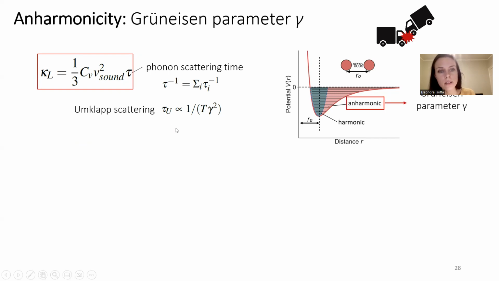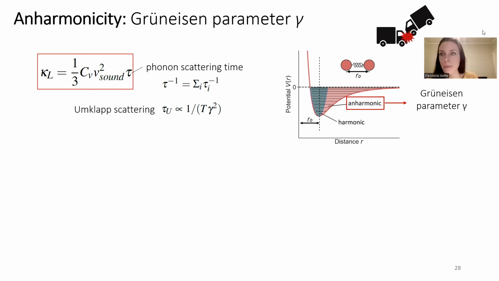So the scattering time coming from umklapp scattering is proportional also to this other coefficient here, gamma, that is called Grüneisen parameter. So the Grüneisen parameter is a measure of how anharmonic is our interatomic potential curve. So how much it will deviate from the harmonic trend.